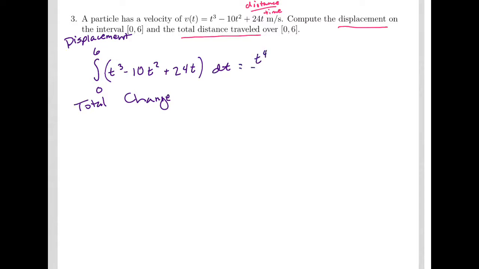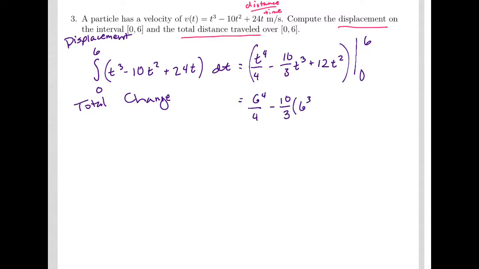So that's t to the 4th over 4 minus 10 over 3 t cubed plus 12t squared from 0 to 6, which is equal to 6 to the 4th over 4 minus 10 thirds 6 cubed plus 12 times 6 squared, which is 36 meters. All right?